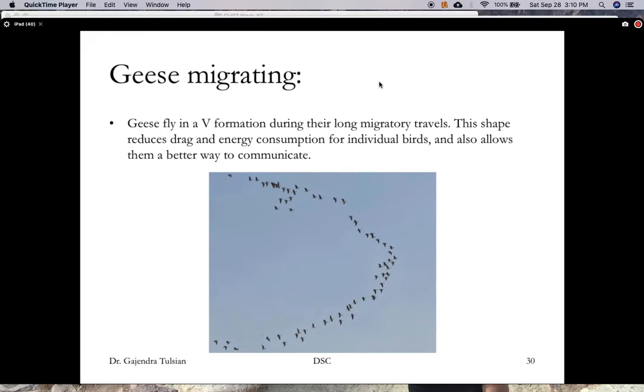Here's an interesting application: geese fly in a V-shape formation, because, if you've ridden bicycles, the geese in the front face the most drag, but these guys face less and less drag, and so the geese will fly in this formation, and the lead goose takes turns. Every goose takes a turn being the lead.